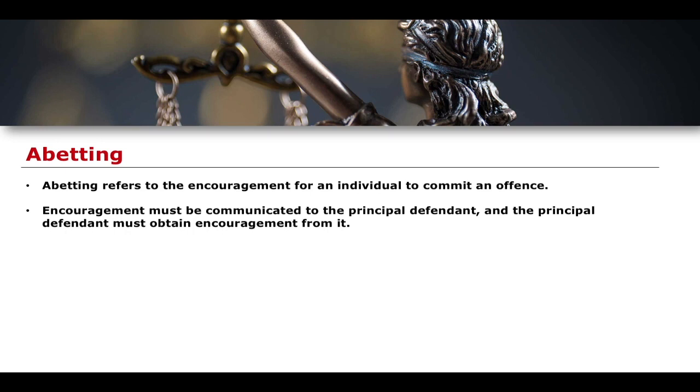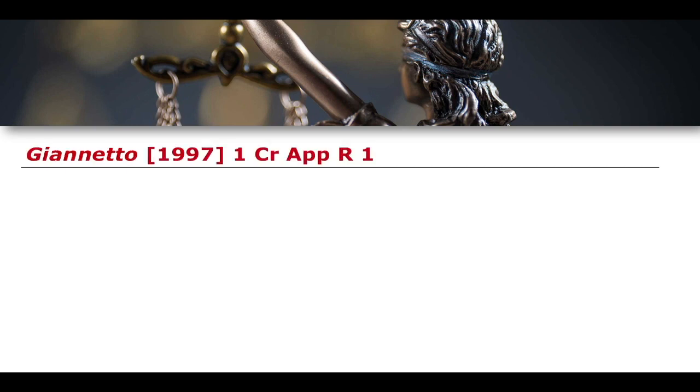And it also must be the case that the principal defendant obtains encouragement from that communication. So not only must there be a communication, but that communication must also be one which provides a certain amount of encouragement. But just like in the case of aiding, abetting in the commission of an offence can also be a very, very small act or a very, very small kind of communication.